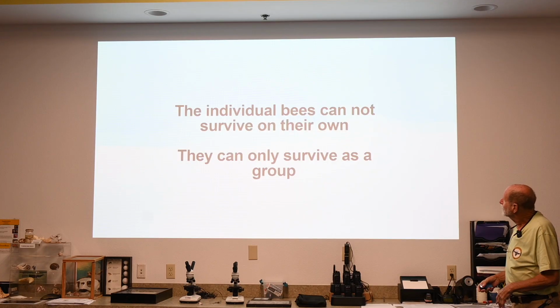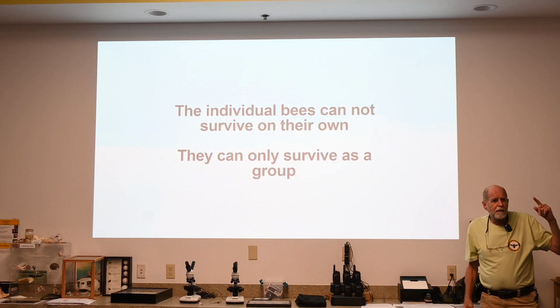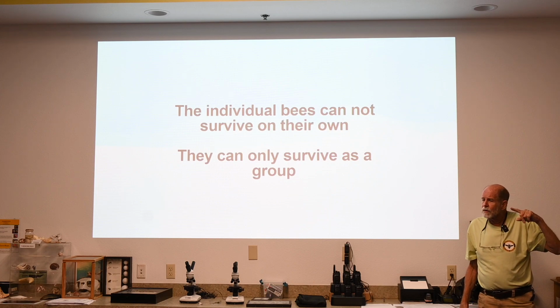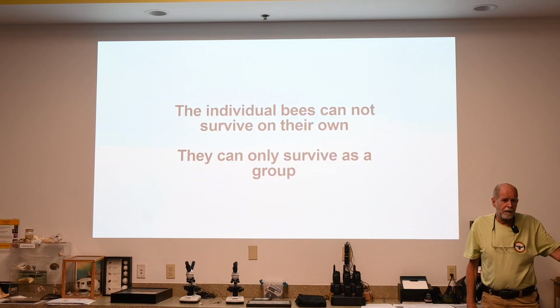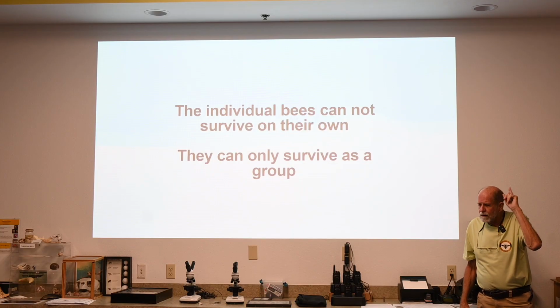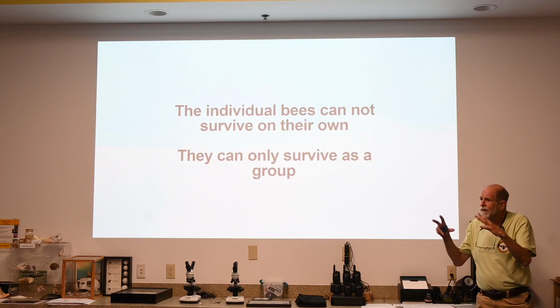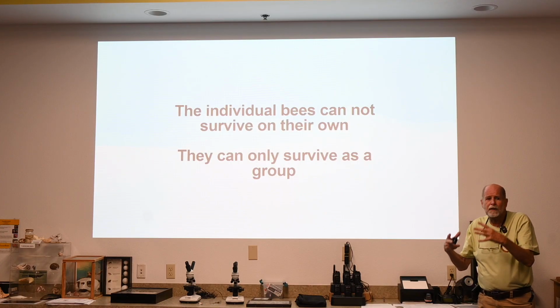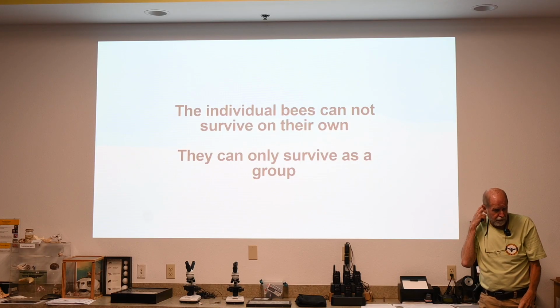Okay. An individual bee cannot survive on its own without the colony. A bee can go out, collect pollen, bring it back, but without the colony keeping it warm and everything else, it will die on its own in a short period of time.